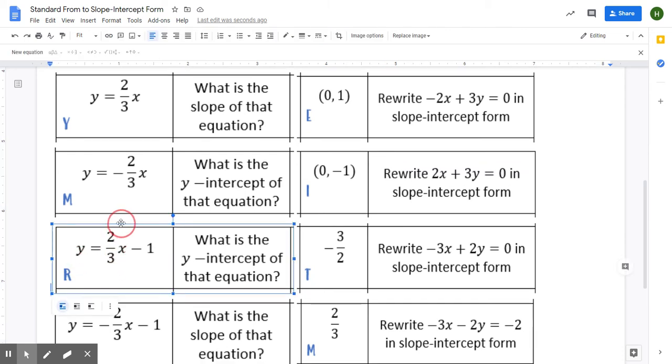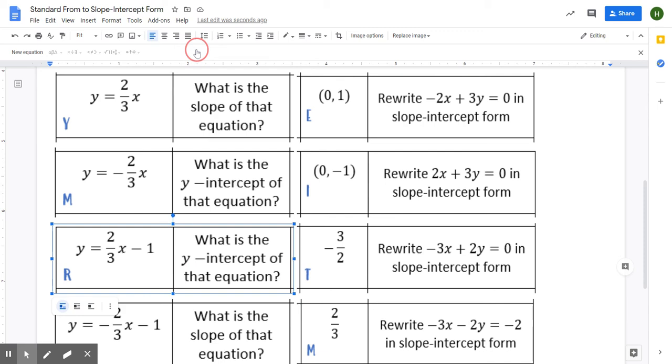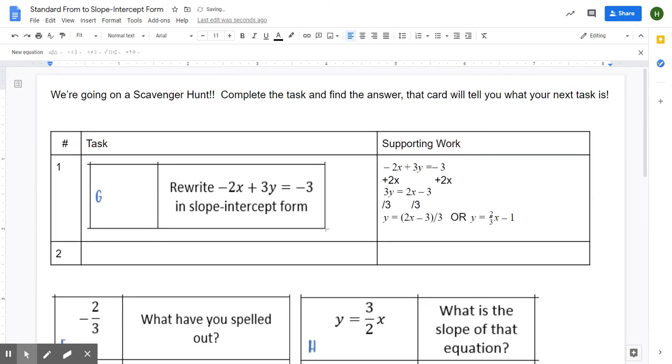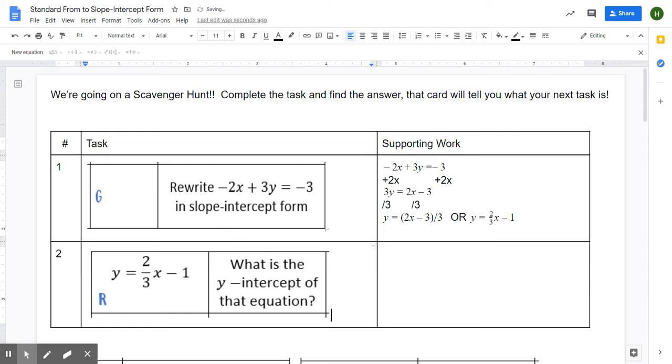So here I should be able to drag this equation, or I can cut it because my drag's not popping up right now. So I can right click and say cut, and I'm going to go into this next space and do paste. So my answer was y equals 2/3 x minus 1.